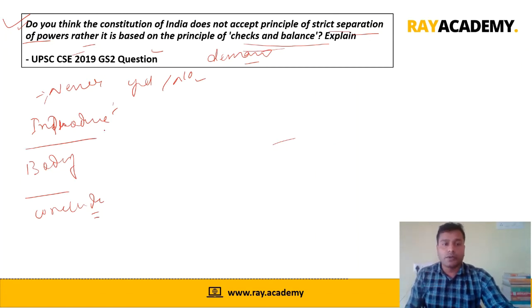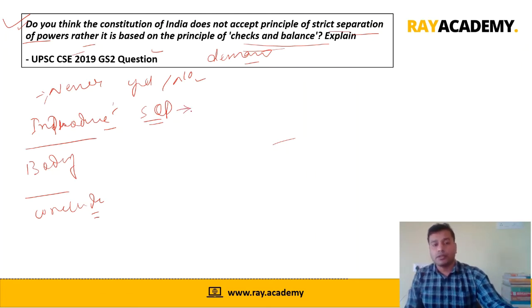So first introduce it in one line or two lines related to the strict separation of power, SOP structure. As I have already given you the explanation, what is SOP? Just one or two lines, write it down. Then in the body part, try to write down how this SOP is linked with India's context.